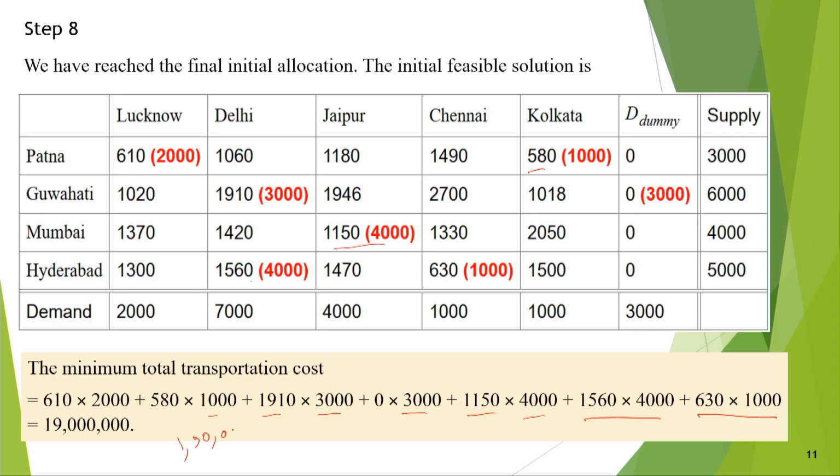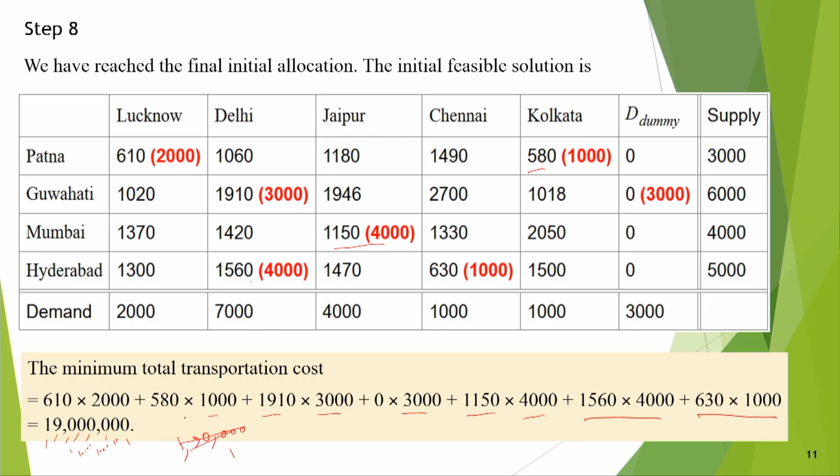This is 1, this is 10, this is 1000, this is 10,000, this is 1 lakh, then 10 lakh, then crore. So you have 19 crore.